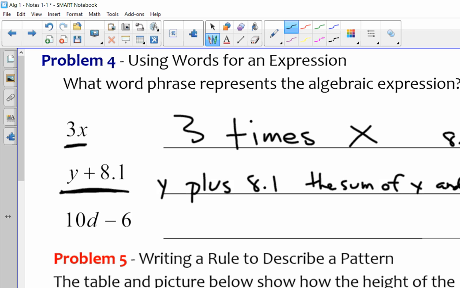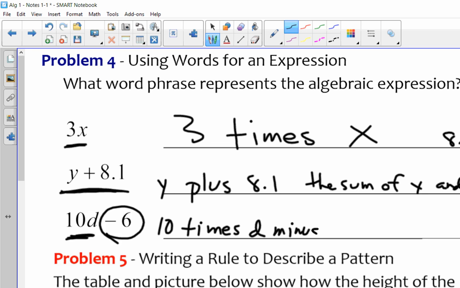Now this one's a little bit trickier because I've got some multiplication here and I'm going to have to subtract. But I'm going to write it the easy way: 10 times d minus 6. Now, if I want to go the fancy way that we did earlier, I would flip the order. So I'm going to go 6, and I was subtracting, so less than.